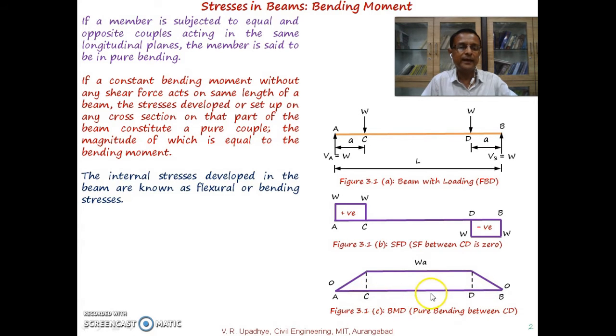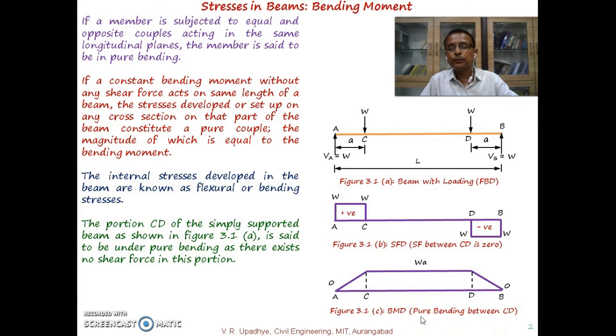From C to D, anywhere, the bending moment is W multiplied by a, the distance between the force and the support. In between C and D, that is the pure bending case. So the portion CD of the simply supported beam in figure 3.1a is said to be under pure bending, as there is no shear force in this portion.